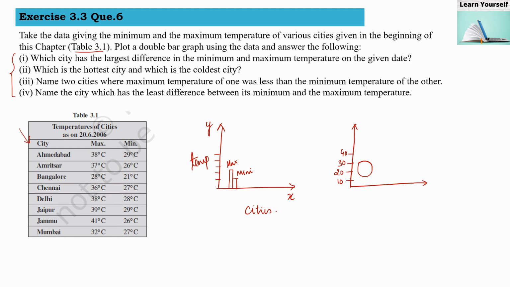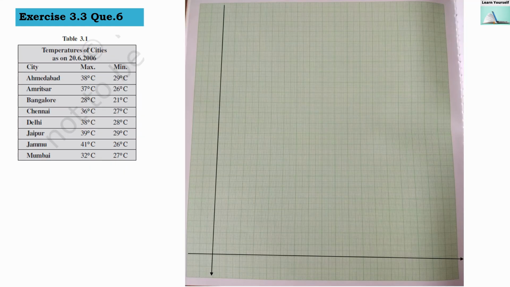So to make this graph a little bit bigger, we are going to take 2 units per 10 degrees. Earlier we were taking 1 unit for 10 degrees, but now we are taking 2 units. So our bar graph will be bigger and all the readings will not lie in a small region. That is how we are going to take our estimated scale. Now let us start plotting our graph.